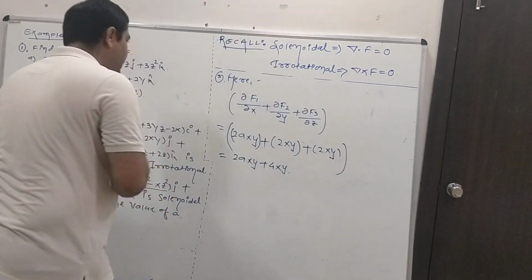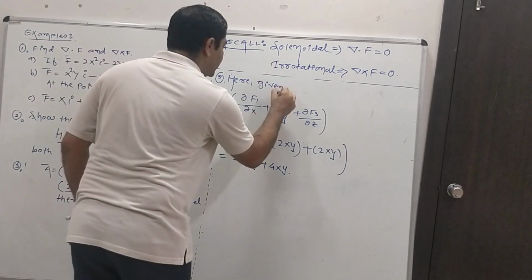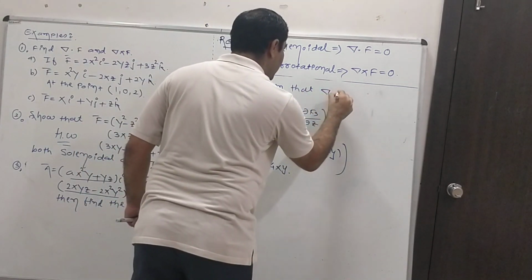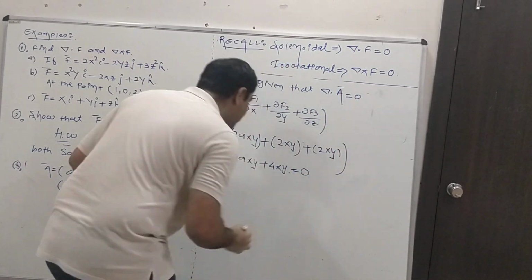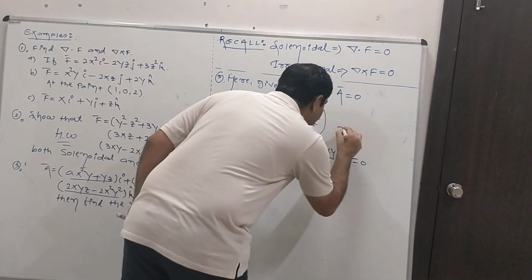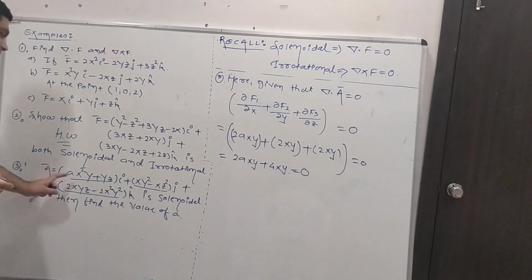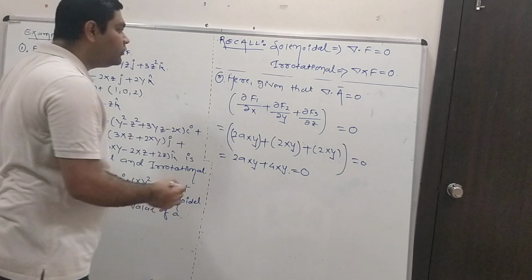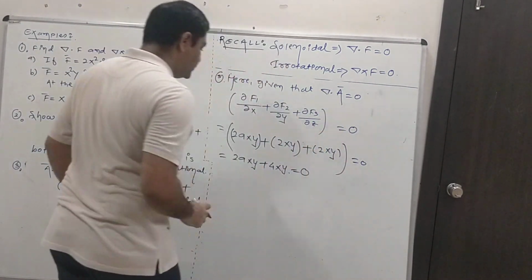So here, given that del dot A is equals to 0, so this is equals to 0. Students, it is given to us that A is solenoidal, so we have to find the value of a. Solenoidal means del dot A is 0, so this is equals to 0.